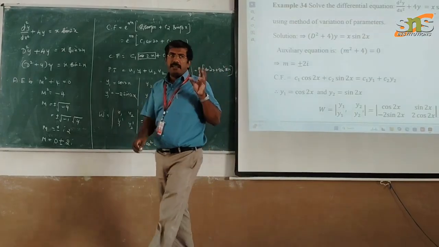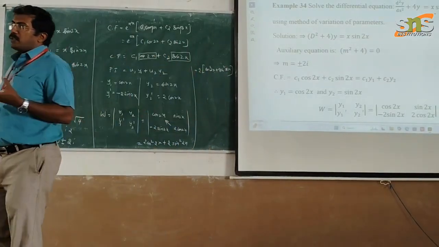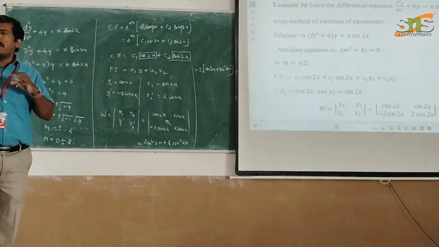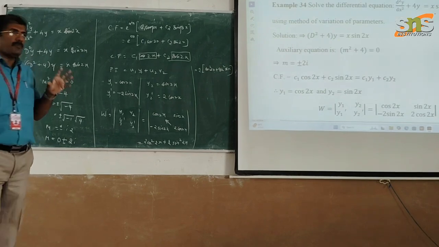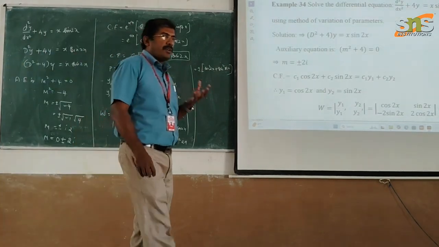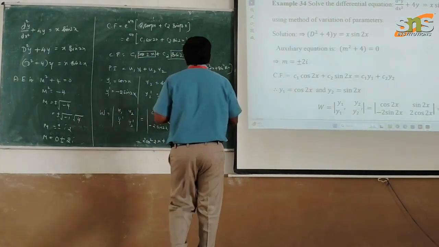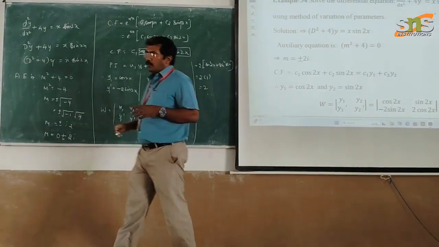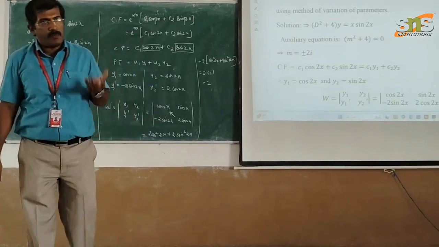It is the same as the cos² x plus sin² x idea, which is equal to 1. So you get 2 into 1, which is equal to 2. This is how you will find the W.